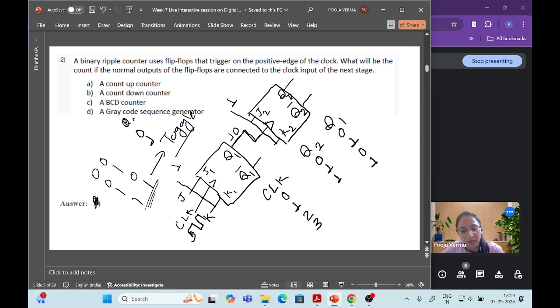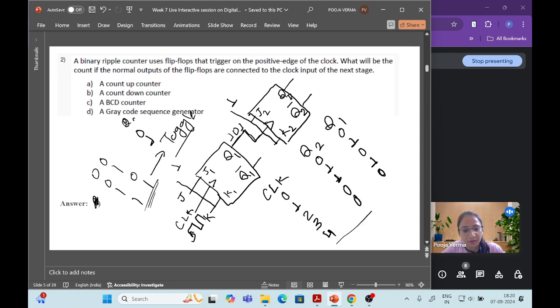When Q1 is 1, this flip-flop will be activated again, so it toggles from 1 to 0. Now when the next clock pulse comes, J1 K1 is 1, so it will toggle again to 0, and when Q1 is 0, this flip-flop will not activate because the clock pulse is 0, so the output stays in the same state.